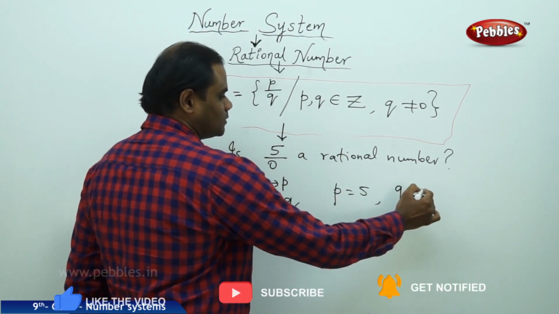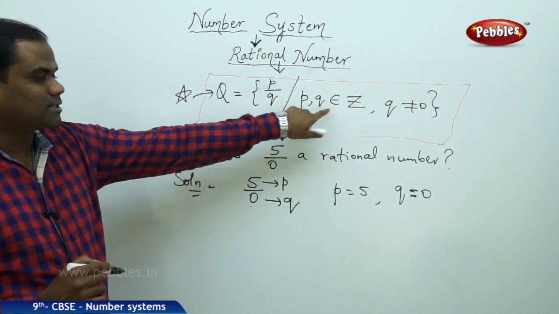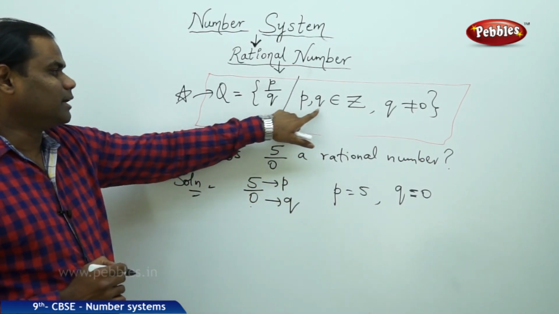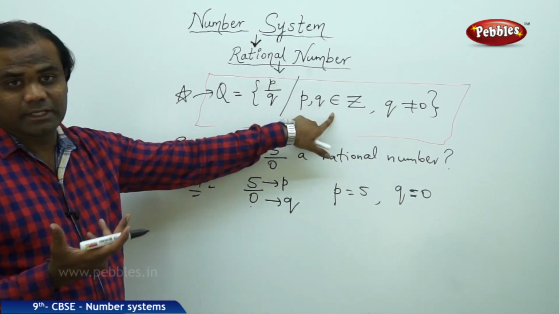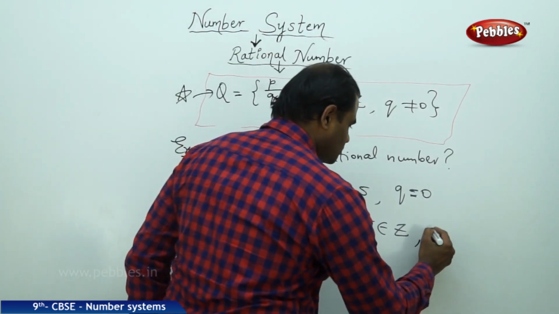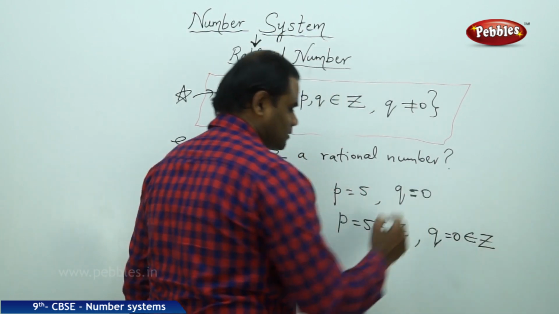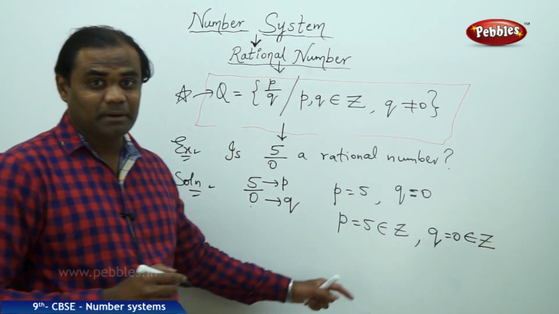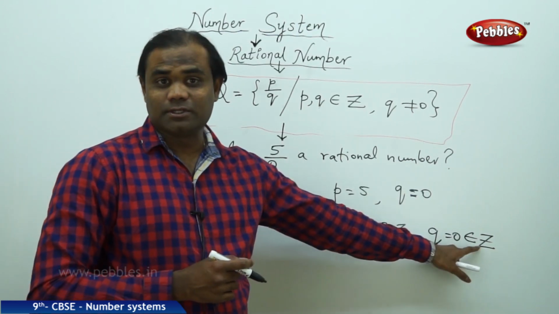Going through test number 1, I see that P and Q are integers, which is the essential factor in test 1. Q, which is 0, also belongs to Z. So it definitely passes test number 1, where P is 5, which belongs to Z, and Q is 0, which belongs to Z.